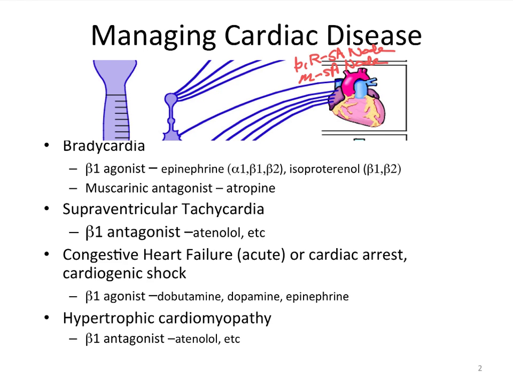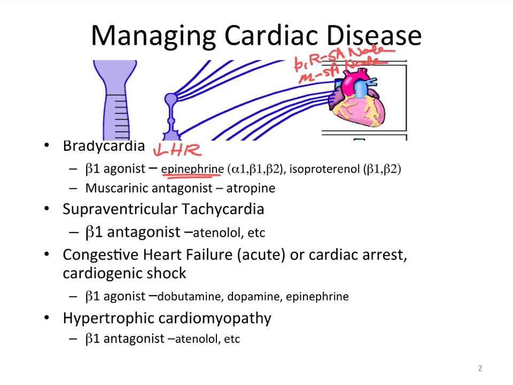So when we have a condition that leads to lower heart rate, bradycardia, how can we increase the heart rate? Well, you probably know that epinephrine is meant to be released to increase the heart rate physiologically.